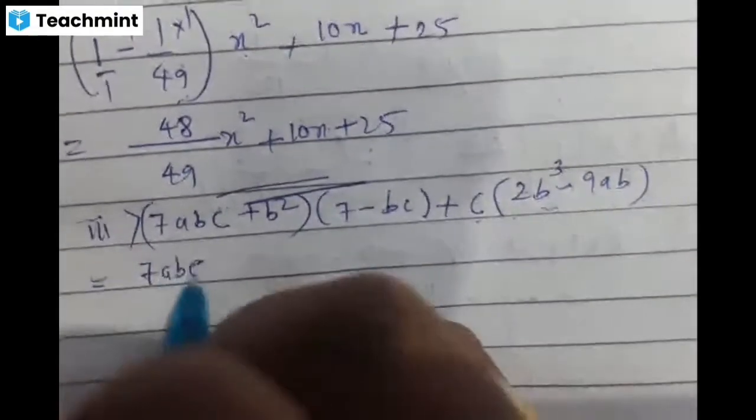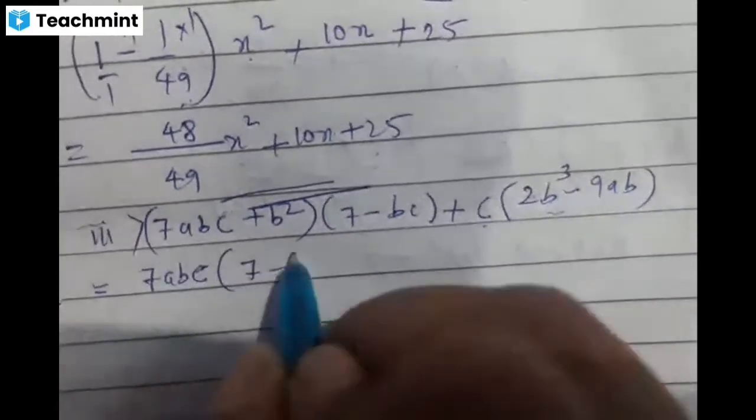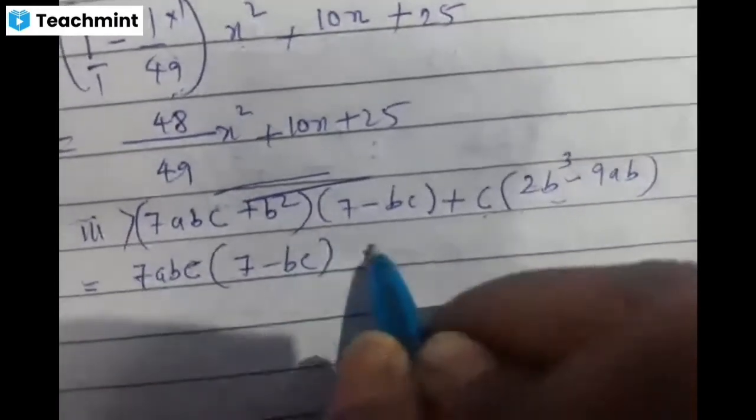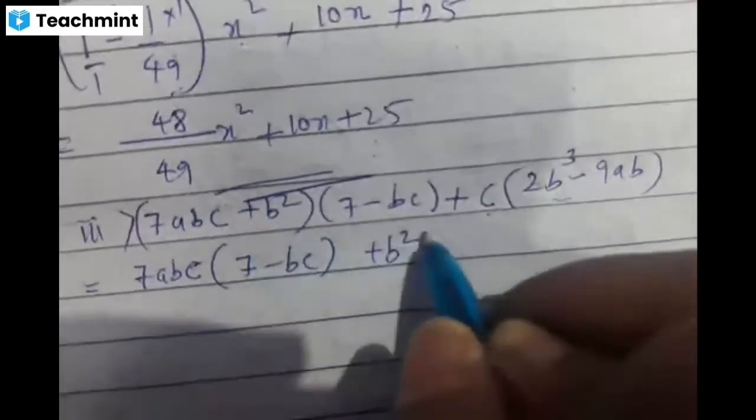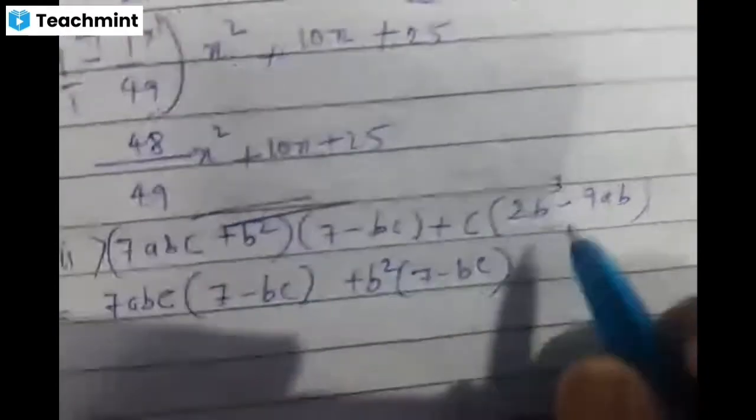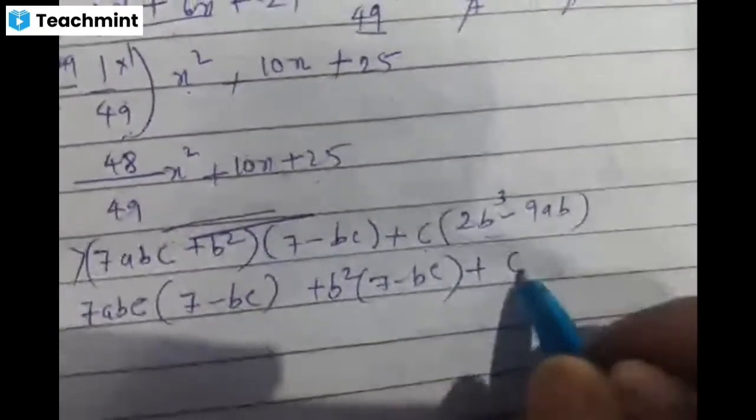First term 7abc into the second bracket 7 minus bc, plus second term b square into the second bracket 7 minus bc. Here this term let us keep as it is: 2b cube minus 9ab.